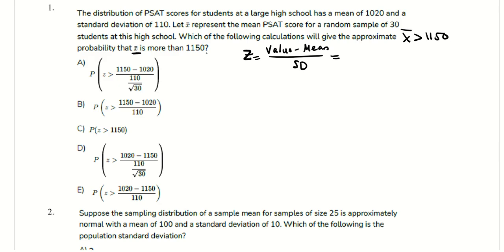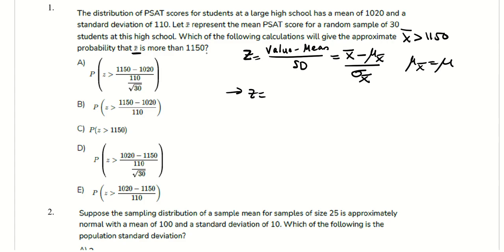So converting that into a z-score, first off, let's write down the symbols. We've got X bar for the value. The mean is mu X bar. The standard deviation is sigma X bar. But we know that mu X bar is equal to mu because X bar is an unbiased estimator.